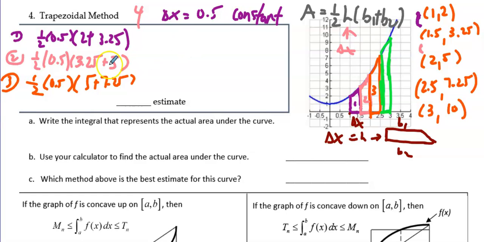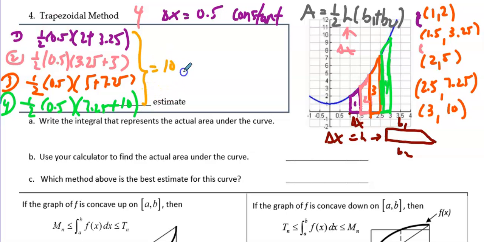Then the last trapezoid, number 4, which looks hideous, is 1/2 again, where 0.5 is the delta x. This height is 7.25, where x is equal to 2.5, and the other is at x equals 3, which gives us 10. We add up all of these numbers with our calculator, and we get 10.75.